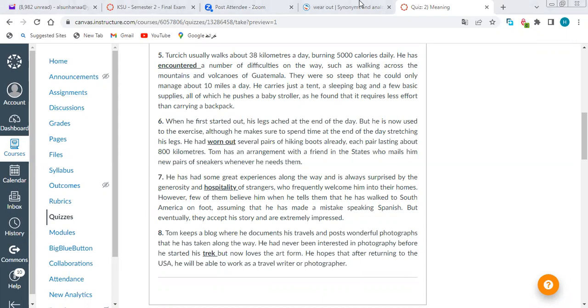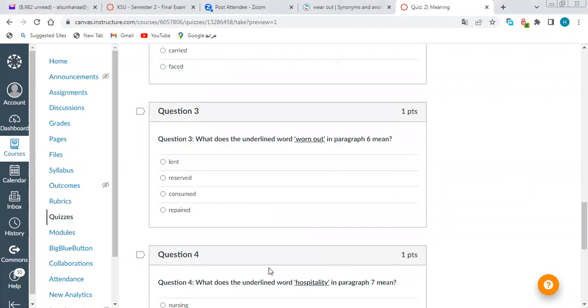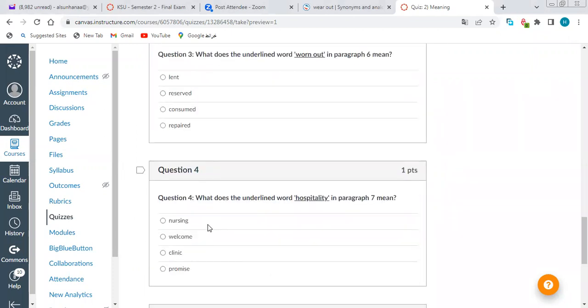Clinic? No, clinic عيادة. It says strangers who frequently welcome him into their homes. So hospitality here means nursing, welcome, clinic, or promise. Yeah, welcome. That's right. Okay, perfect.